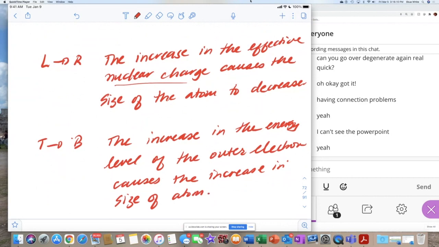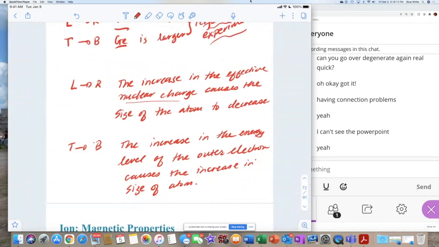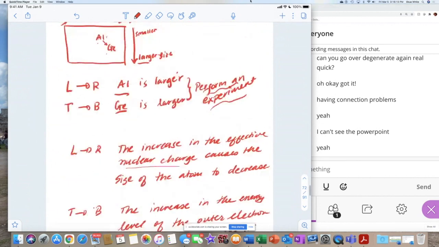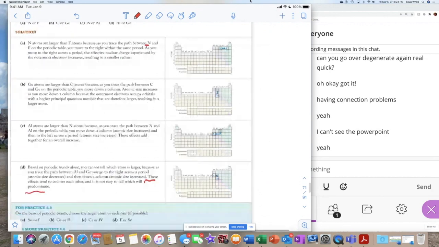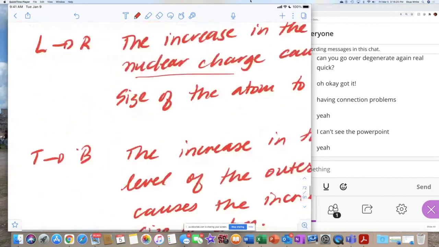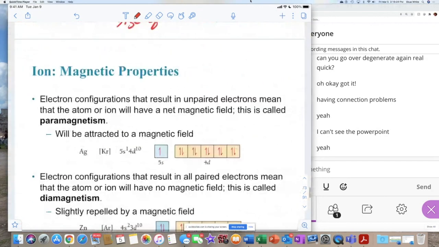So hopefully, as you can see, this will be the rule all the time. This would be the explanation all the time. Feel free to go through here. They do tell you that the rule falls apart here, so they have to use an experiment. It's a lot of words, but they go through that. I want to move on because my goal is to get through this.